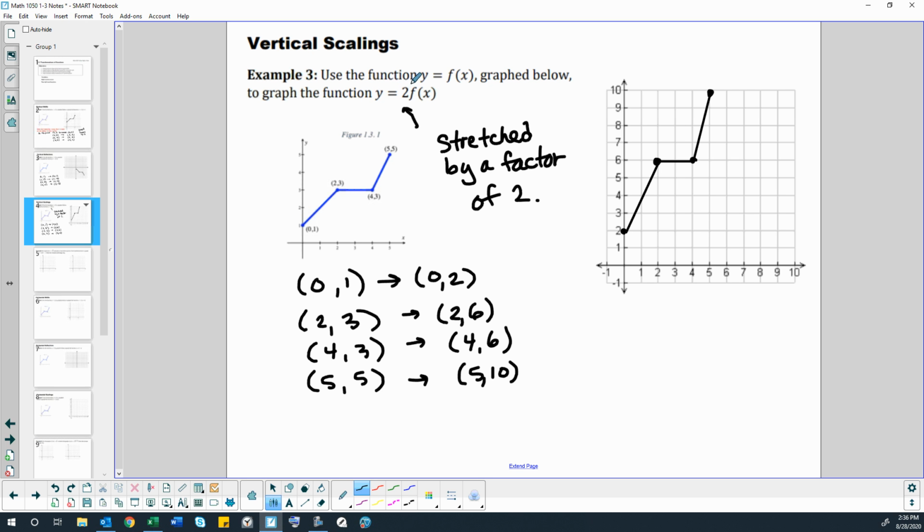So if the number in front of f of x was a fraction, then instead of multiplying by a number that makes the y values bigger, a fraction would multiply the y values and make them smaller. And so we would call that a vertical compression.